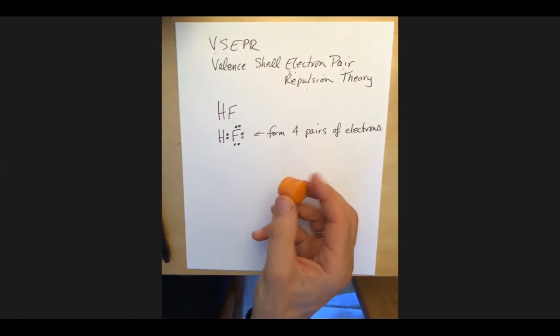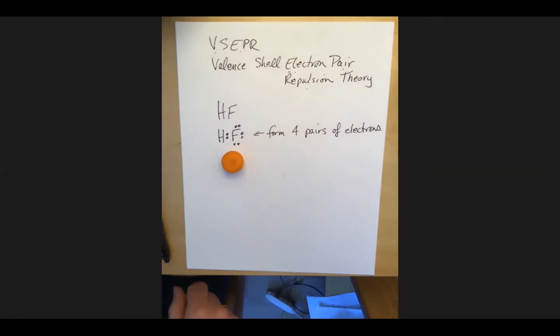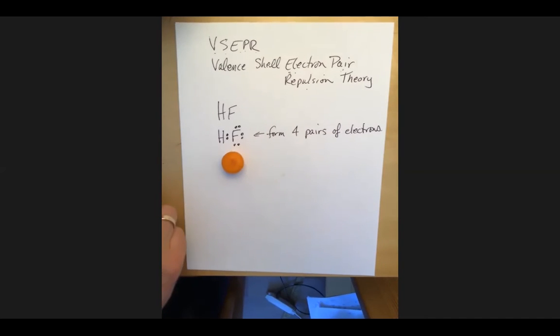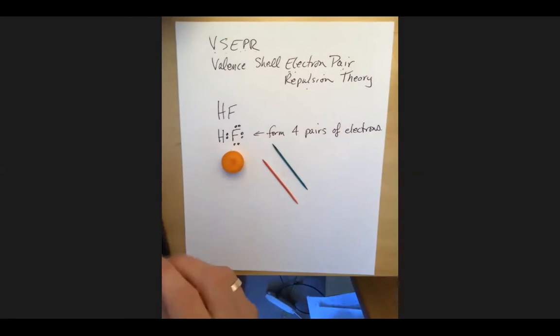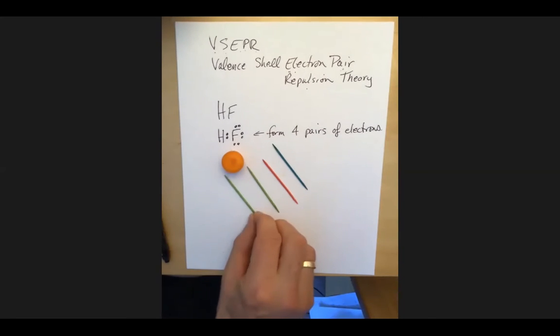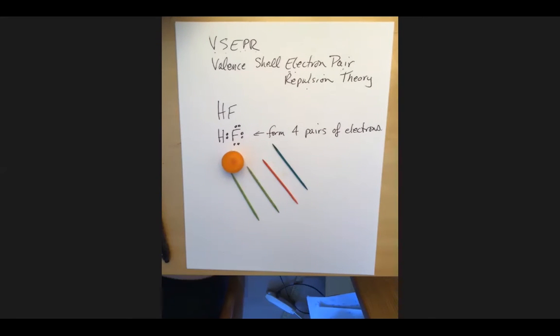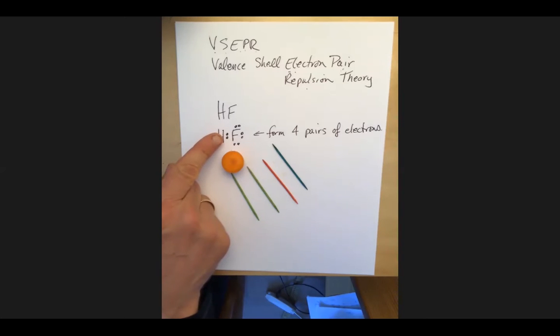And this carrot is going to represent the fluorine. And I'm going to put some electrons around my carrot. You've got some toothpicks. Okay? Yep. But before we get to 8 electrons around the fluorine, we're just going to start putting some together.